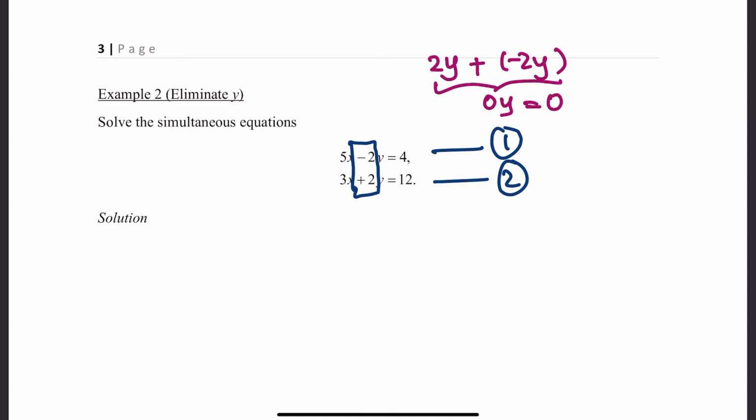So I'm actually adding the two equations instead. Let's see, does it matter which way we add the two equations? I can take equation 1 plus equation 2, and that is just going to give me negative 2y plus 2y, and it's still going to give me 0y, so it doesn't matter. But I'll just do it this way.